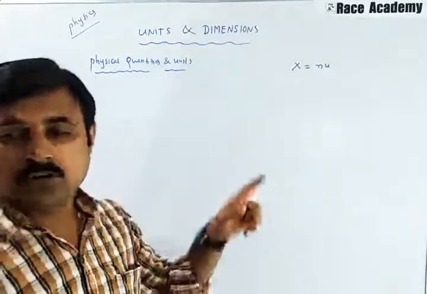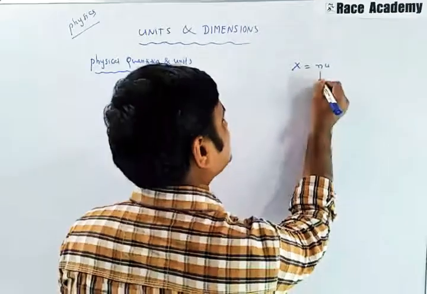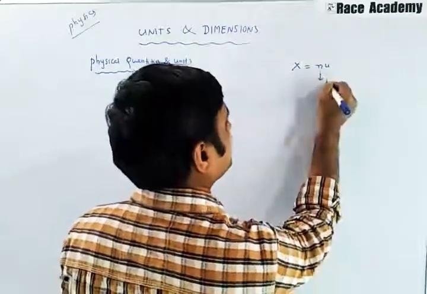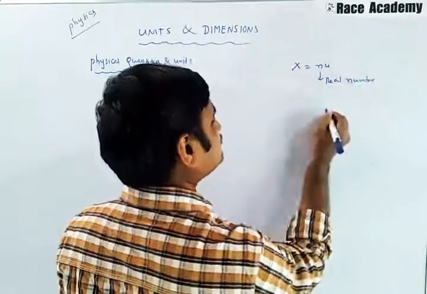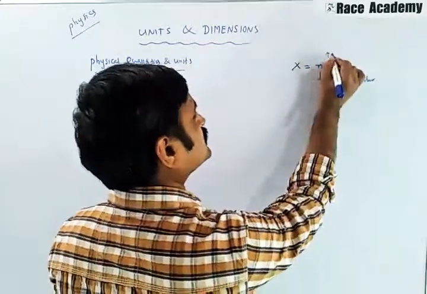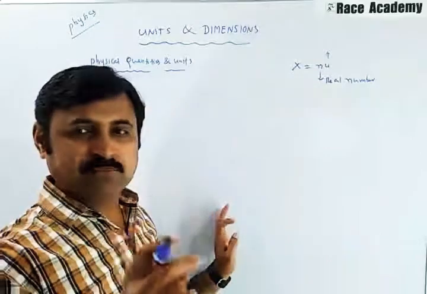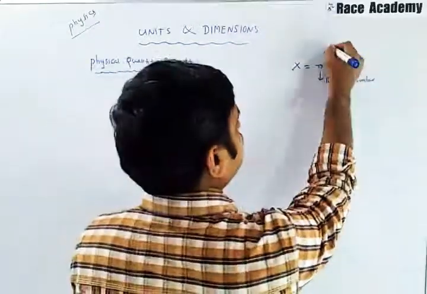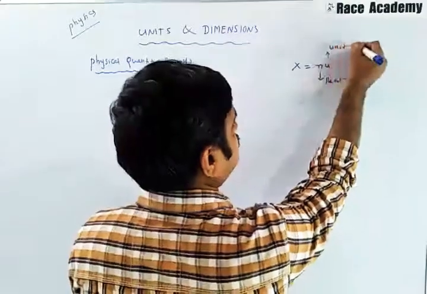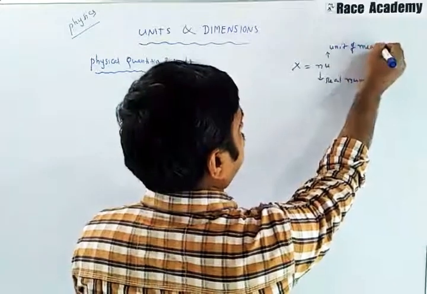So here n is a real number and u is the unit of the measurement.